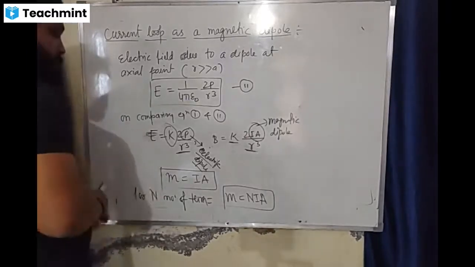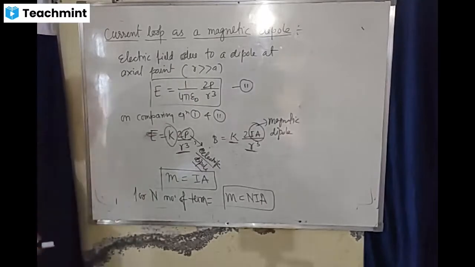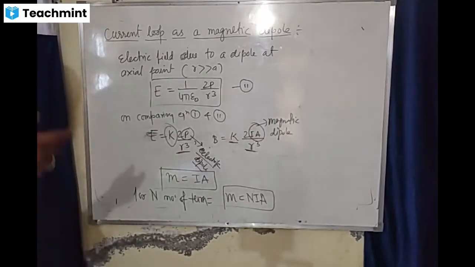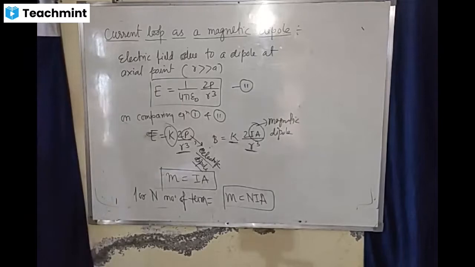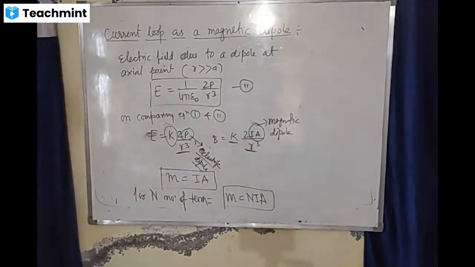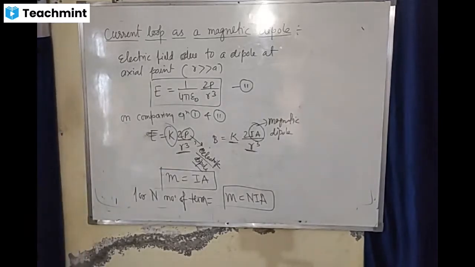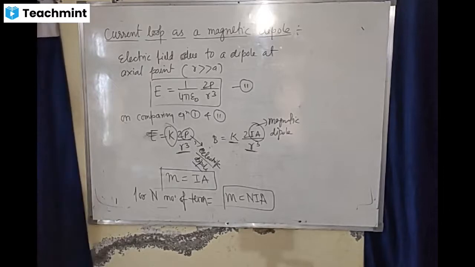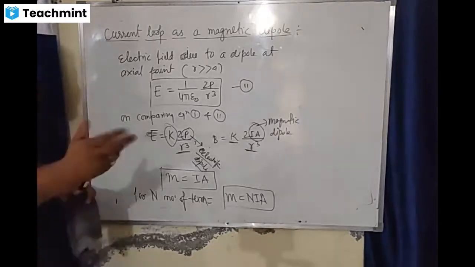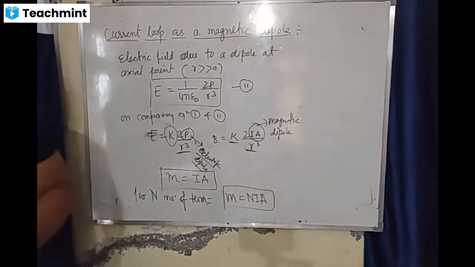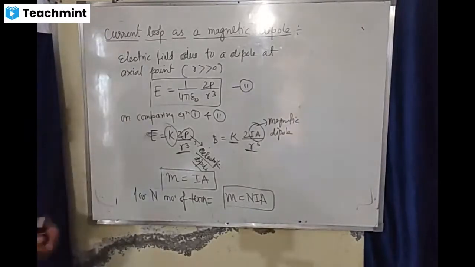Okay, note it. Now we also have a way to find the direction of the magnetic dipole moment, and that is basically the right hand thumb rule.